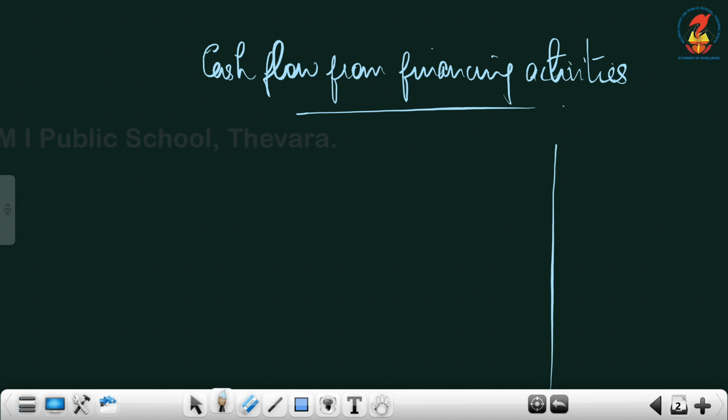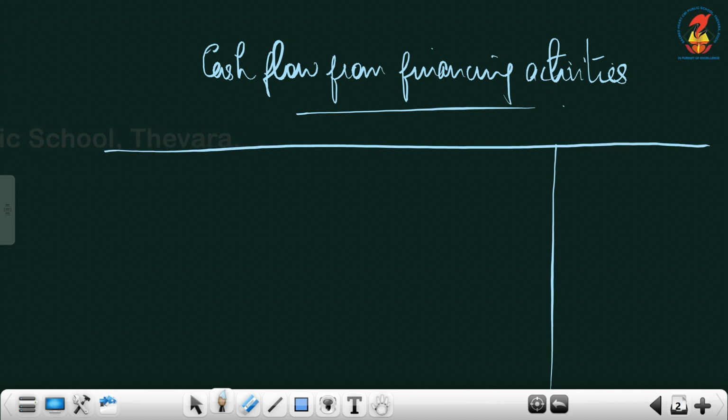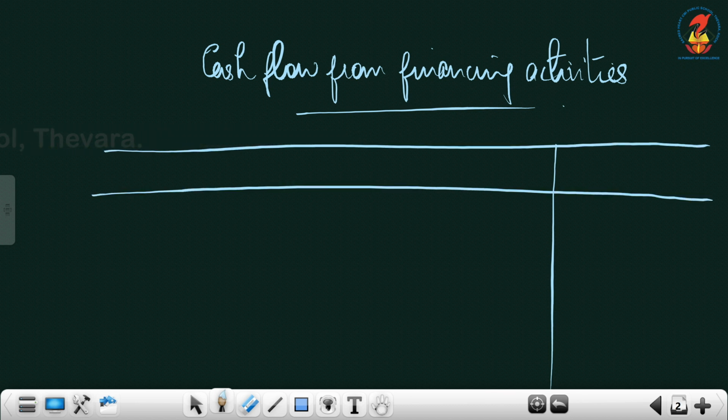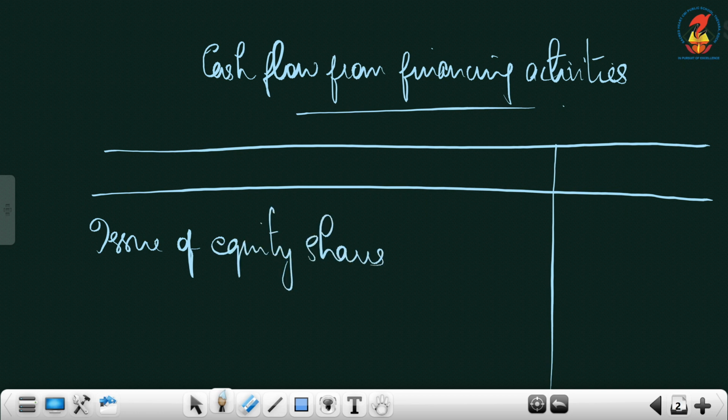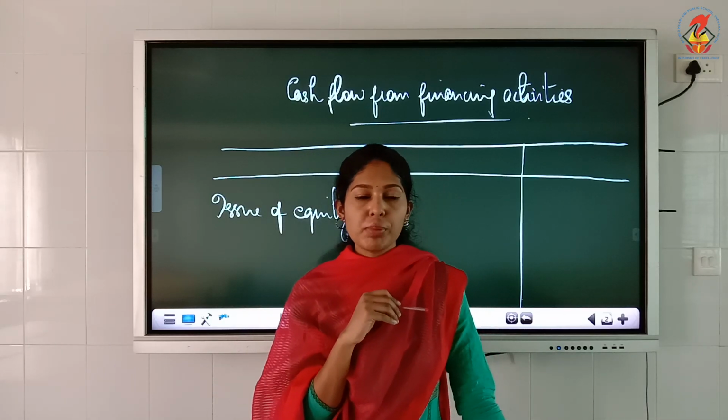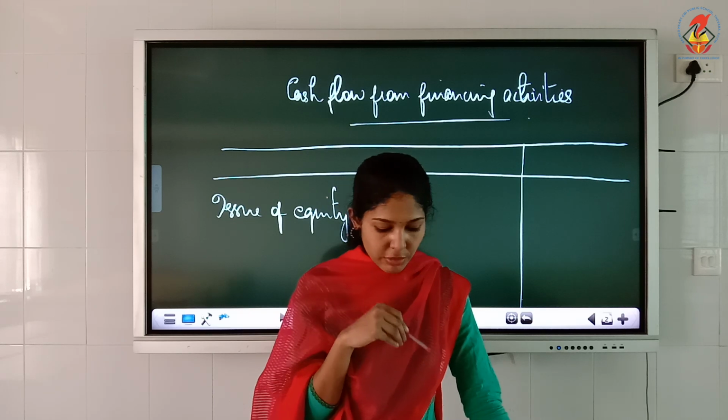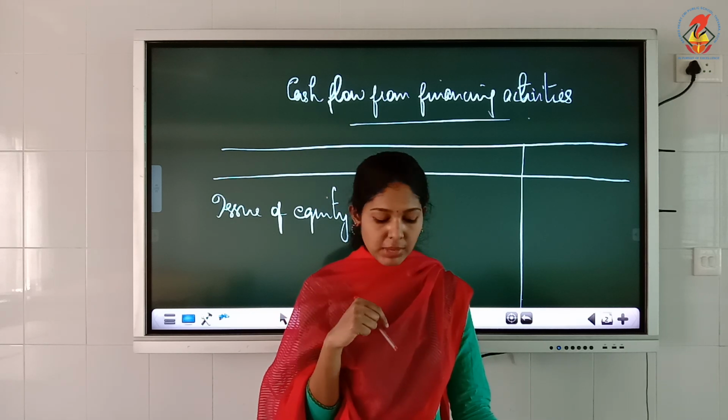Particulars in one amount column is only needed because we are not doing the entire statement. So you give particulars and amount as the column headings, then you can write issue of equity shares. Here we have issued shares for rupees 2 lakhs. That is why there is an increase of 2 lakhs. 7 lakhs became 9 lakhs.